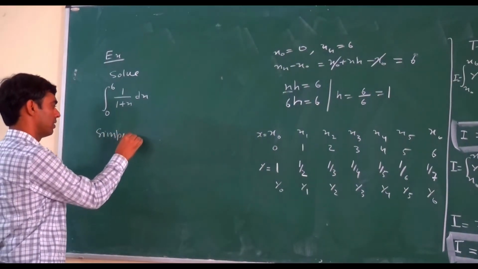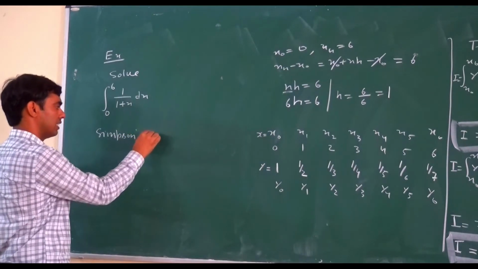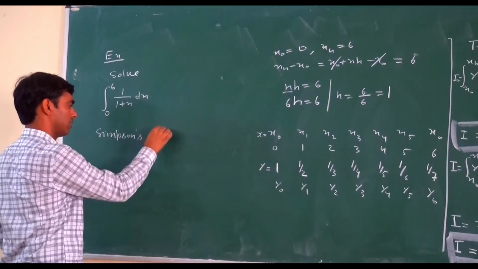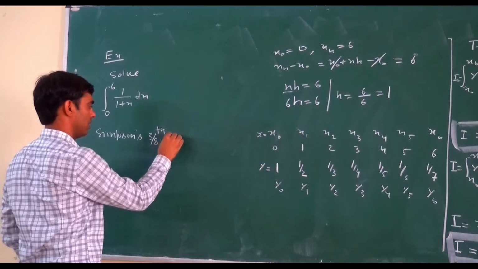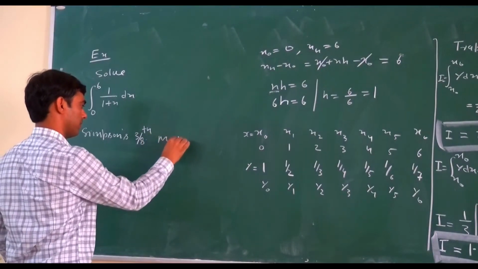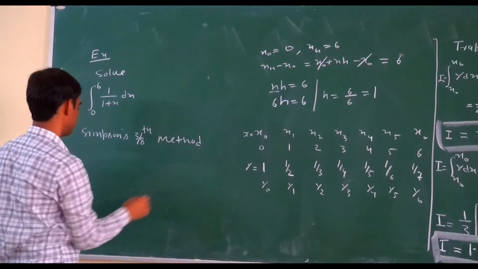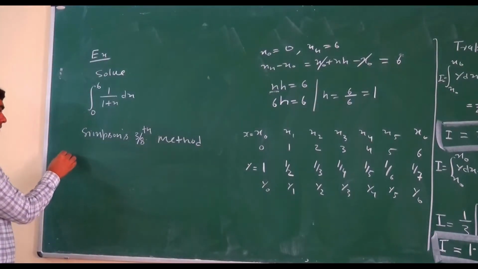Simpson's 3/8 method or rule. So what is the formula?